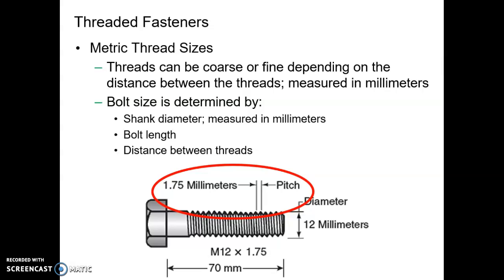But the biggest difference in metric bolts is we measure the pitch by the distance between two peaks. As illustrated here, this is a 1.75 millimeter pitch. So that means that from peak to peak is 1.75 millimeters. So this is actually an M12, which would be the diameter, by a 1.75 pitch by 70 millimeters long. So that would be the description of this metric bolt.